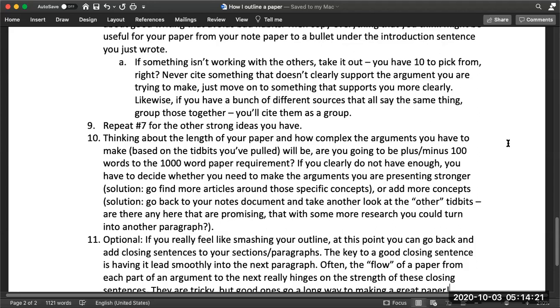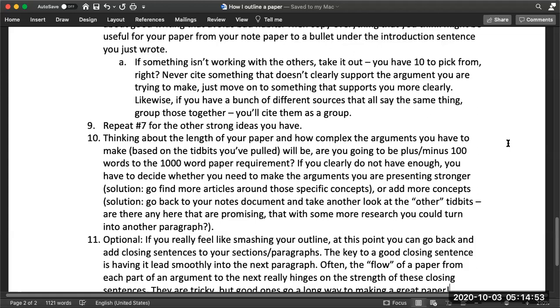But if you have something in there that is 2 or 3 tidbits that work together, then maybe actually you can find a place for that in your paper. You can either take the ones that you have and see if that's enough to make an argument out of it, or you can go and do just a little bit more research on that specific item, find more peer-reviewed research that you can cite, and just create more. You can do that as well.